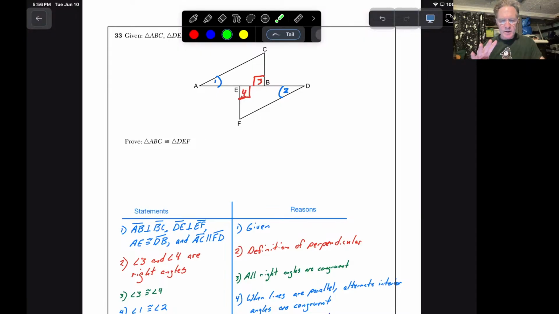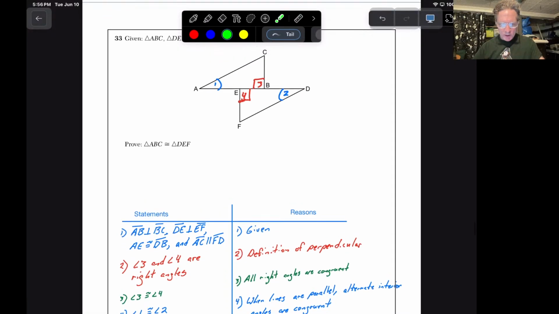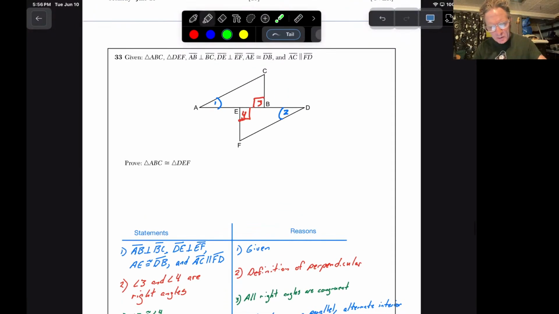Next up, because think about it, if you have to prove triangles congruent, you have to prove 3 things. So it's really just a point for each one, right? Side, angle, side, or angle, side, angle, or angle, angle, side. You really get a point for each one, and then you get a point for your concluding statement. All right, angle 1 is congruent to angle 2. Why? Well, because of this given information here. They told us that AC is parallel to FD.